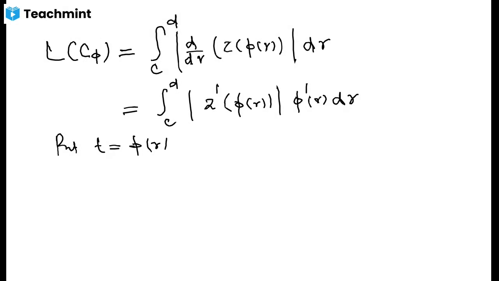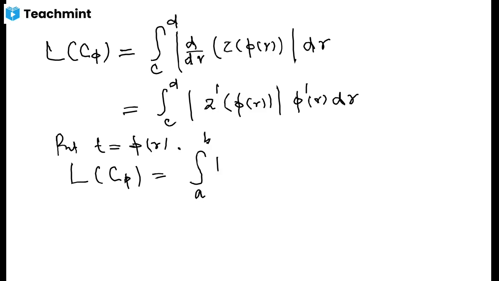So when we put t equals phi of r, the length is equal to, what will be the limits? When r equals c, you have t equals phi of c, and since this function is increasing and onto, it must begin with a. So phi of c has to be a, and phi of d has to be b.